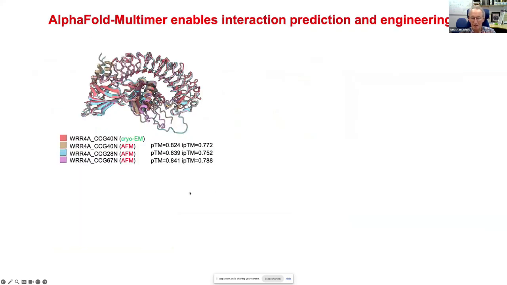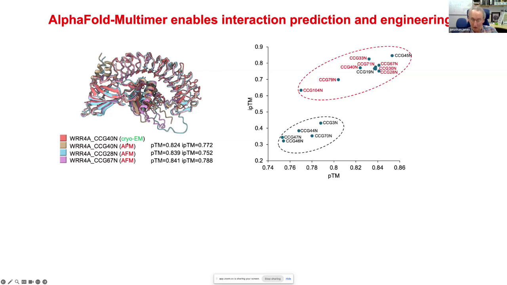So we can predict interactions. It turns out that AlphaFold multimer predicts the structure of the multimer quite well. There's a good correspondence between the predicted structure and the solved structure for where we solved it for CCG40 and CCG28.